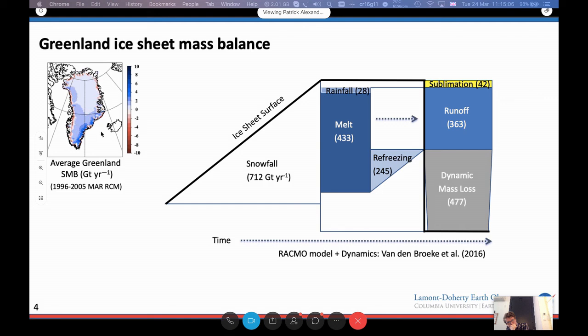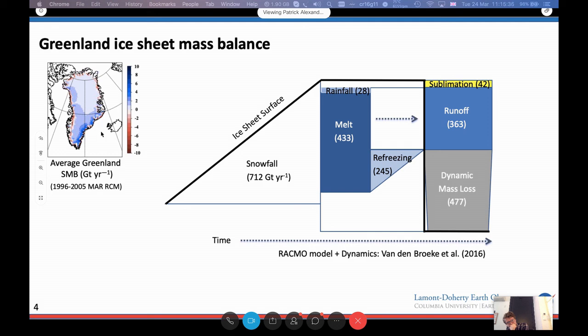And for mountain glaciers, I don't really have a breakdown like this because there are many different glaciers, and it's hard to find estimates like this for all the glaciers, especially in terms of the components, because many of the estimates that are made of the glacier mass balance just use a simple temperature parameterization.